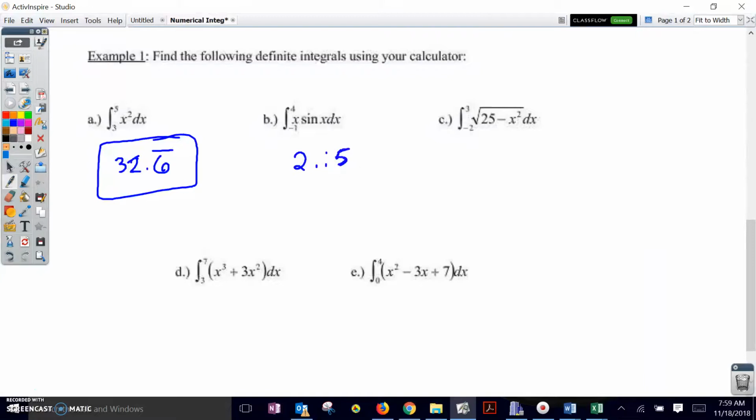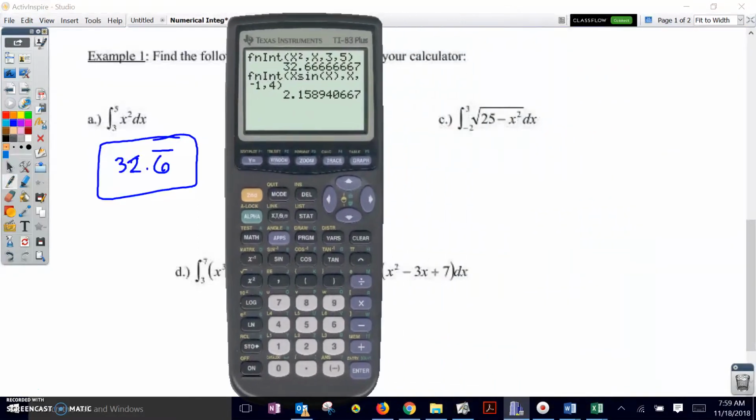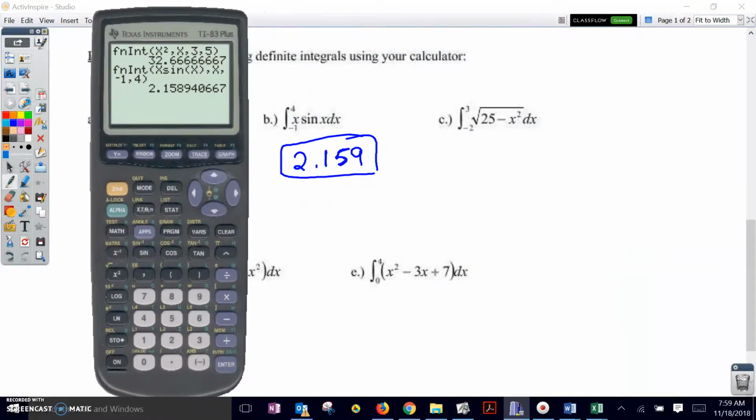If you didn't get 2.159, chances are that you are in the wrong mode. You should be in radian mode. I always tell my students calc is rad, so make sure you are in radian mode. Whenever you're dealing with any trigonometric function, we need to make sure we're in the right mode.